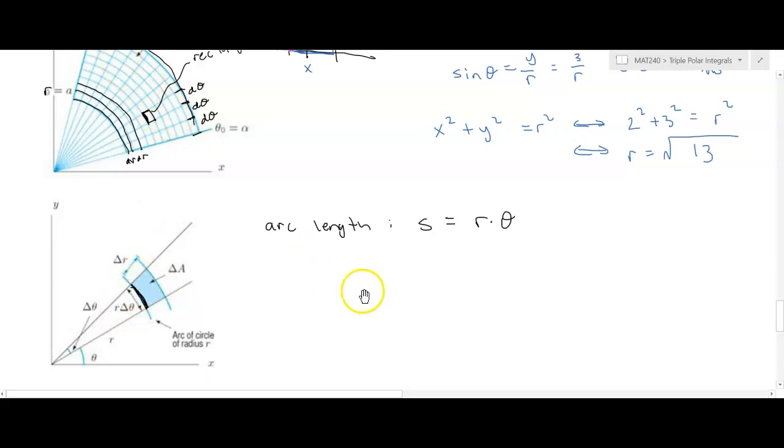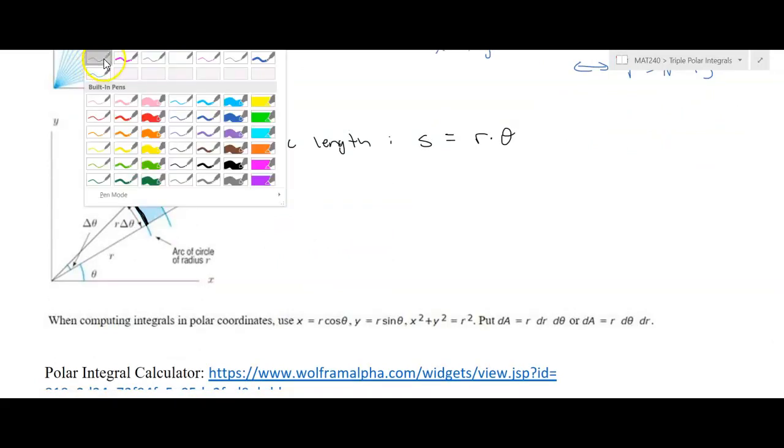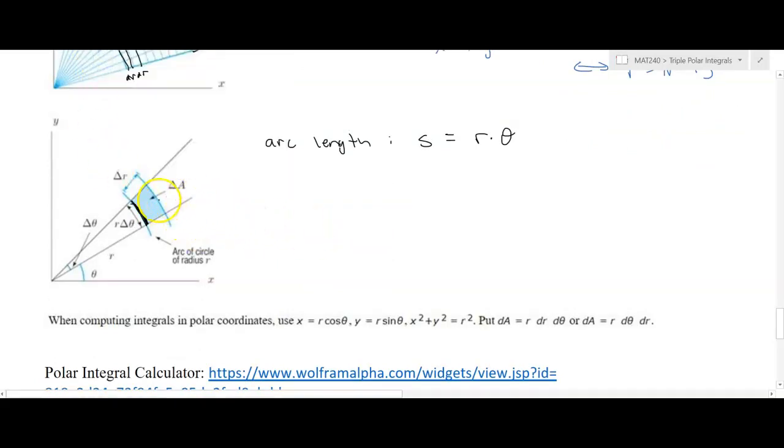So to get my total area of each one of those, I need to say dA is equal to the width times the length of that rectangle, which is delta r times r delta theta, or I could write this as r delta r delta theta.